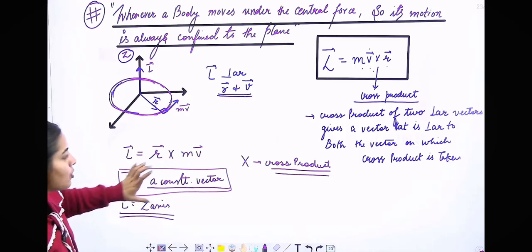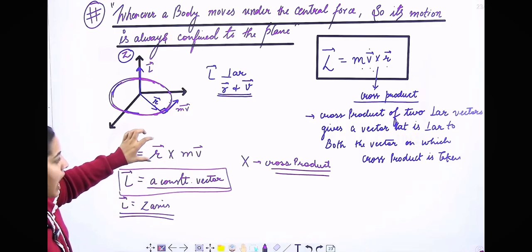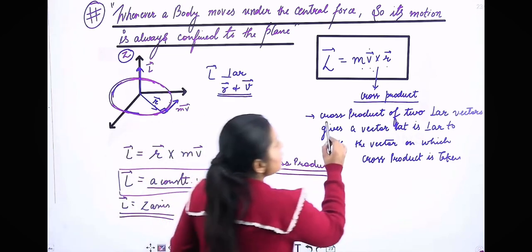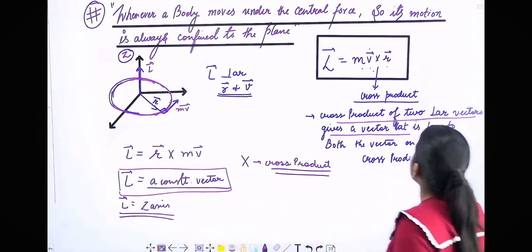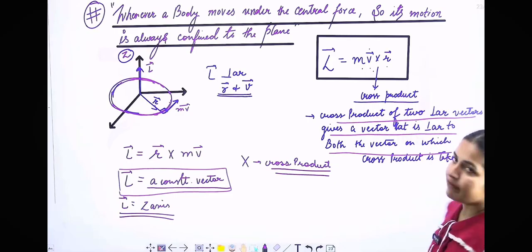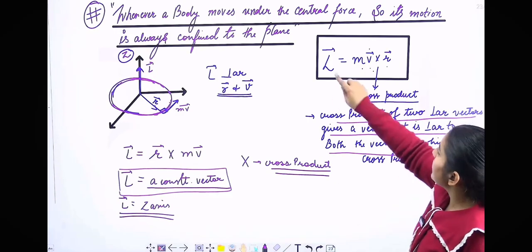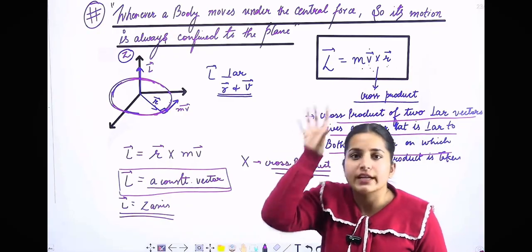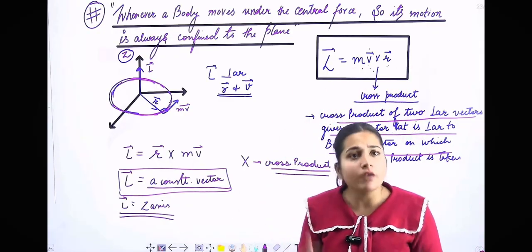So r and v का cross product will give you a vector. The cross product of two vectors gives a vector that is perpendicular to both the vectors. So L vector is perpendicular to both v and r. So whenever a body moves under the action of a central force, its motion is always confined to a plane.